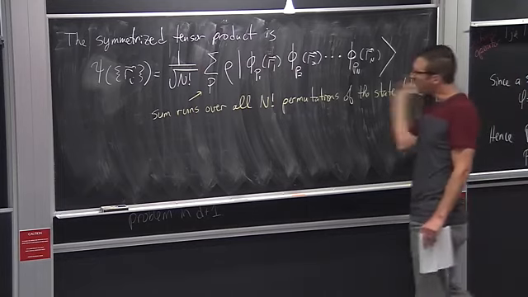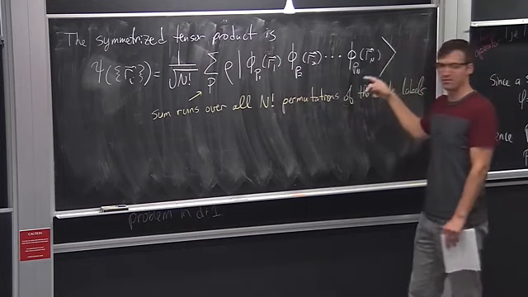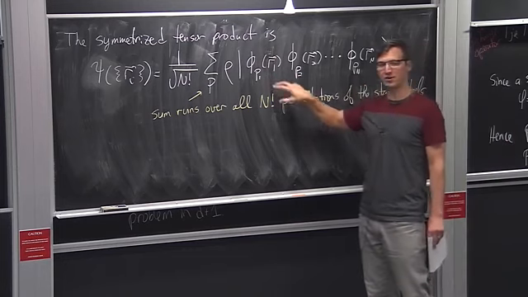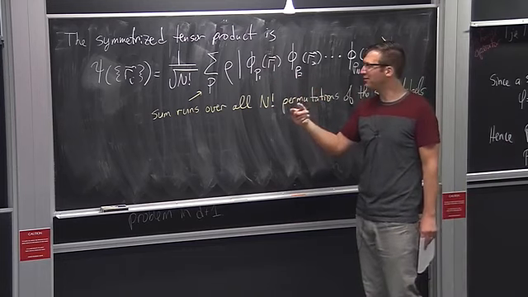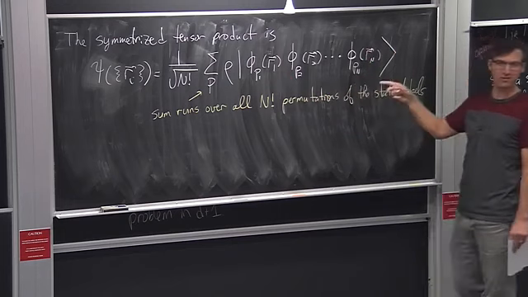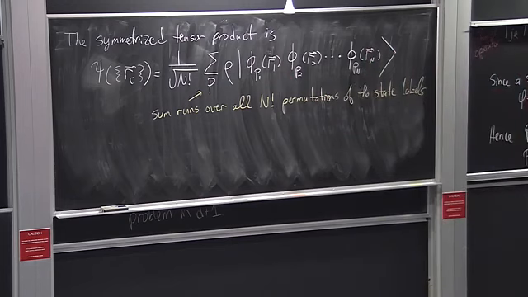One element of the sum is 1, 2, 3, 4, 5 up to n. Then I permute 1 and 2. So the second element of the sum might be 2, 1, 3, 4, 5, and so on, right?